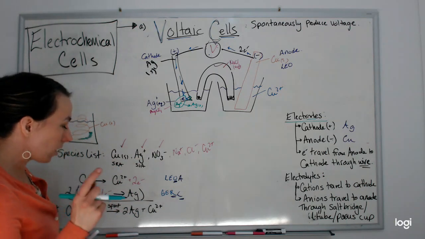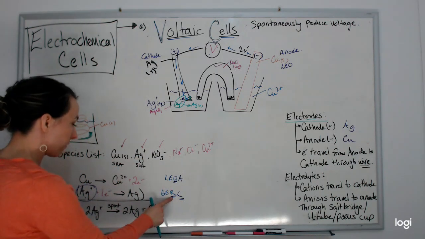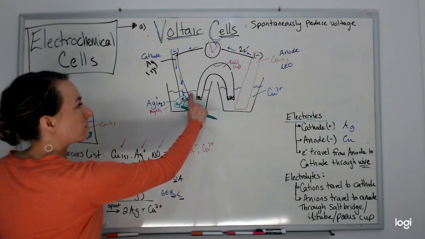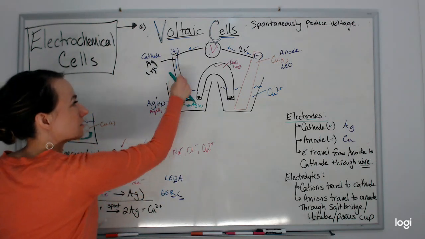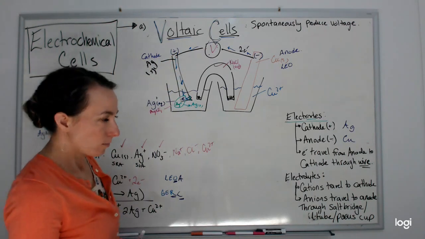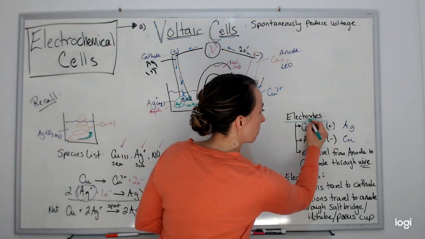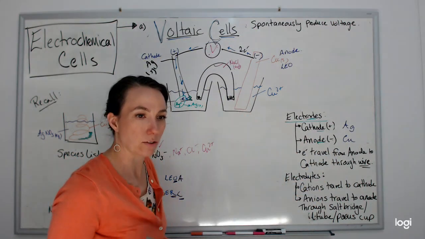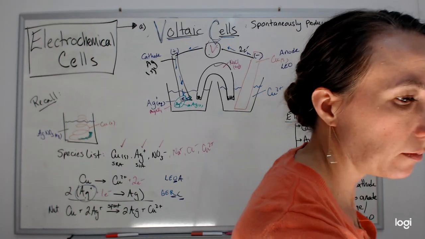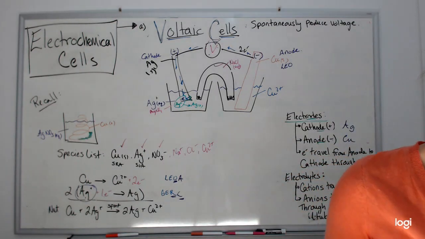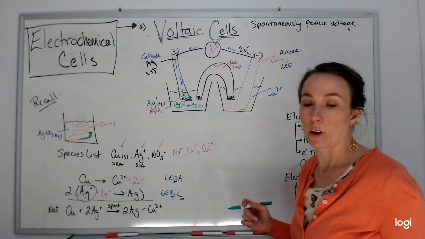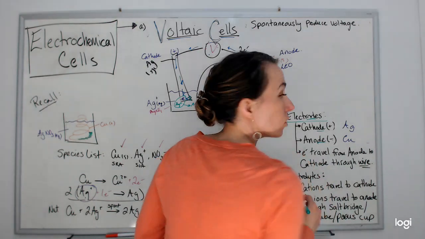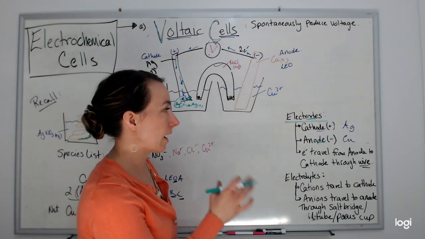So anyway, what I was saying is the cathode is the site of the reduction. There's the site of the reduction. And so this stick is my cathode, because cathodes are rods, sticks. So rods, sticks, anodes, cathodes.